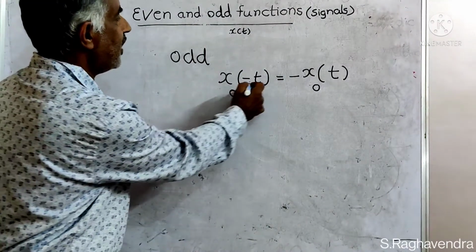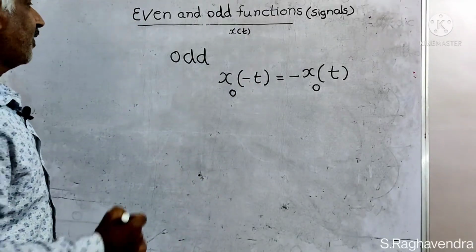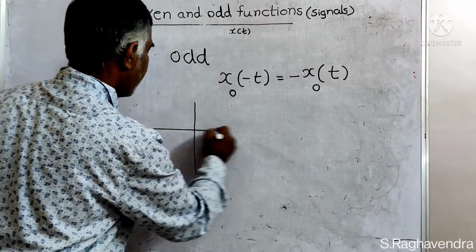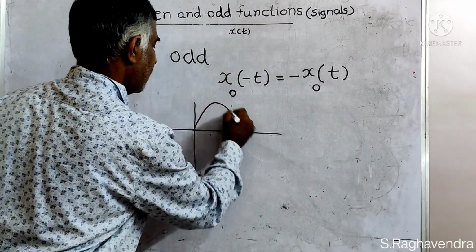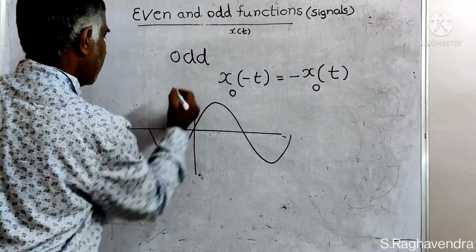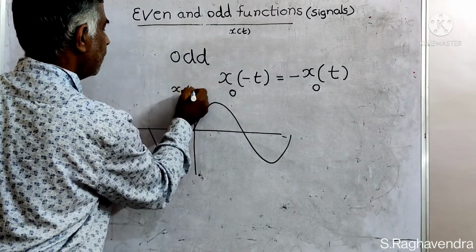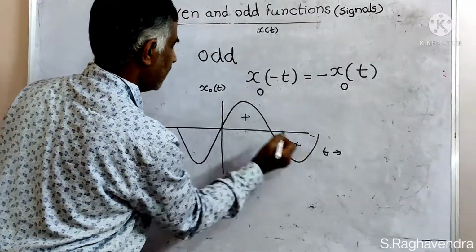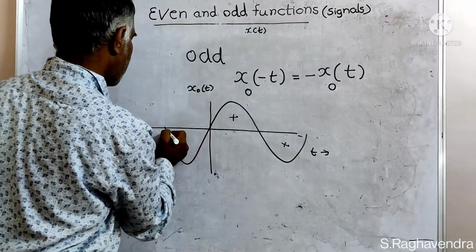Now I will sketch a sine wave. This is the sine wave. This is the positive portion. This is the negative portion.